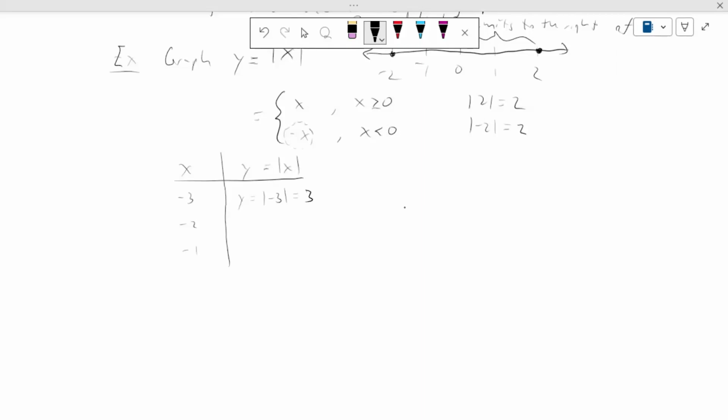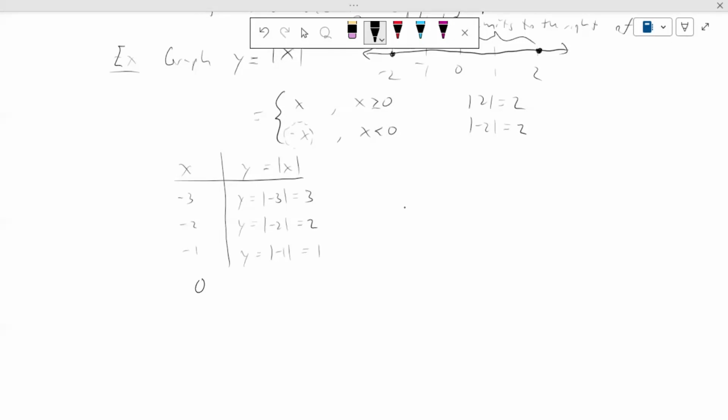For y equals the absolute value of -2, I multiply -2 by -1, and -1 times -2 is +2. So for any of these x values that are negative, I need to multiply by -1 to make it positive.